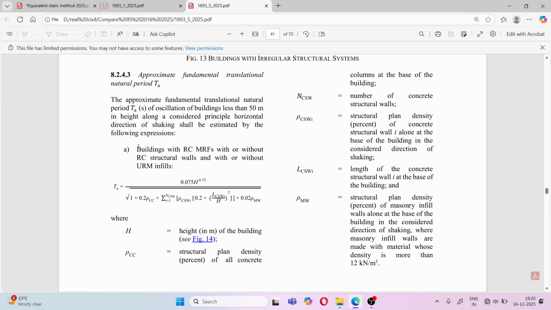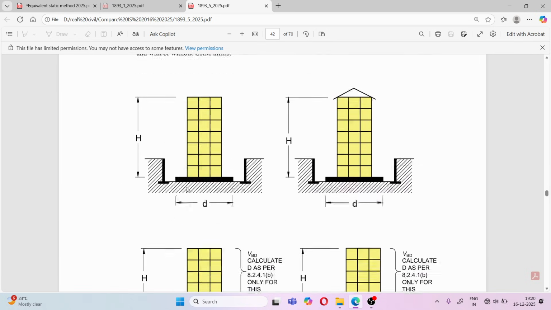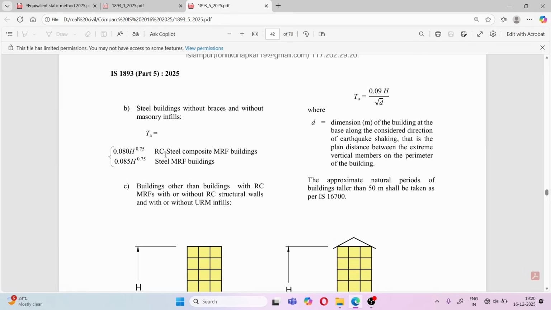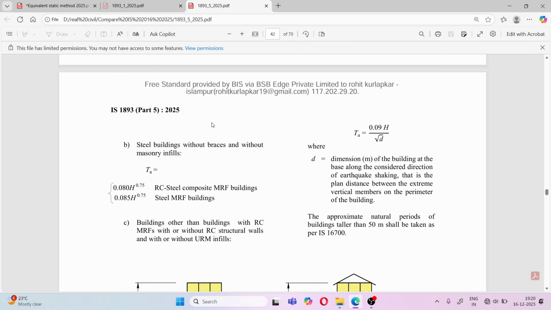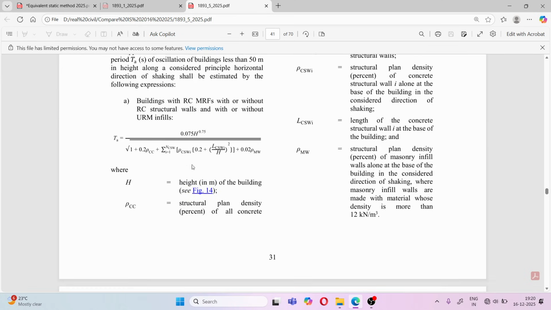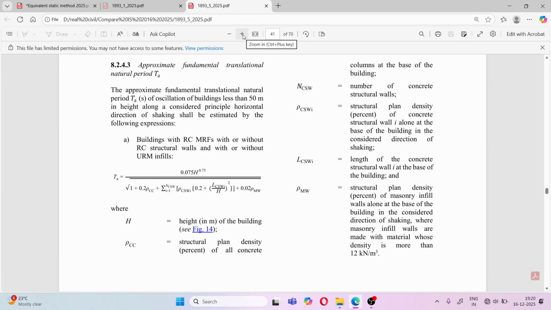So we are falling in this category: building with reinforced concrete moment resisting frame with or without RC structural wall and with or without URM infills. So for this category, we have to refer to this formula. For steel buildings, this is formula B, and if the building does not fall in either A or B, then you can go for C. Okay. Now this is the very important formula.